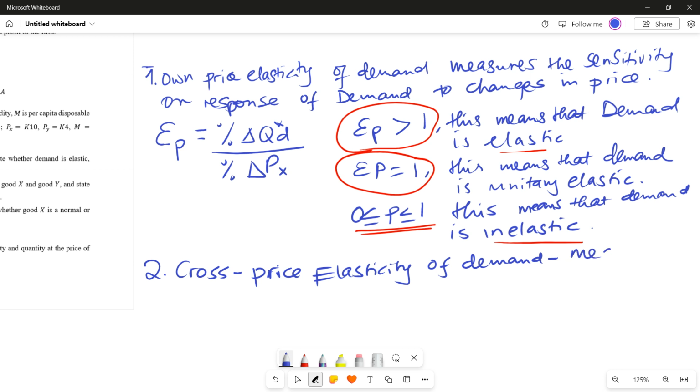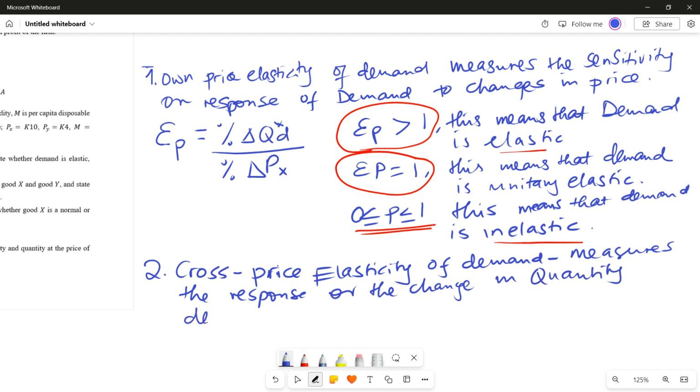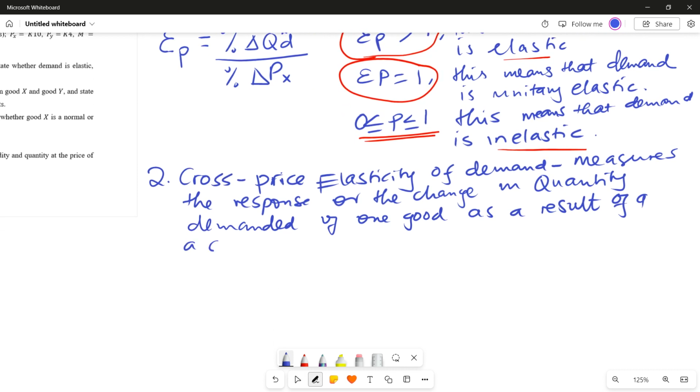This one measures the response, or the change in quantity demanded of one good, as a result of a change in the price of a different good. So we're going to say, in the price of a related good.